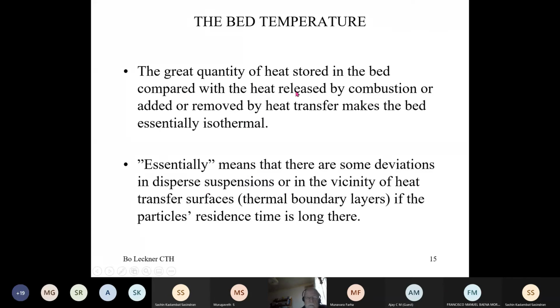But David mentioned this thermal flywheel aspect of heat transfer. There is so much heat stored in the bed that it is not so much disturbed by combustion and other disturbances. The only important disturbances are the thermal boundary layers that you have to be aware of.